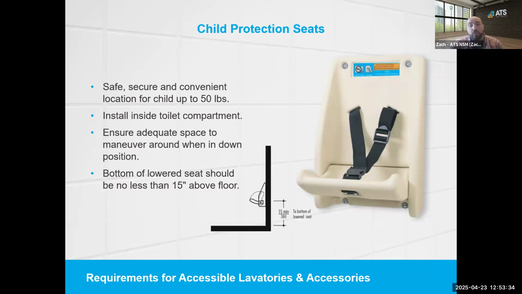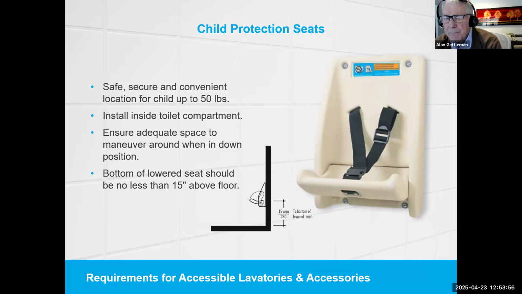And then we did have another question coming in on some specifics around mirrors. The previous slide had showed a typical 40-inch above finished floor to reflective surface of mirror. There was also a 35-inch above finished floor dimension. Was that the ANSI dimension requirement, or what was the 35-inch AFF?